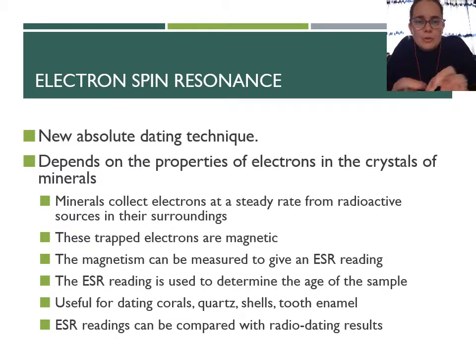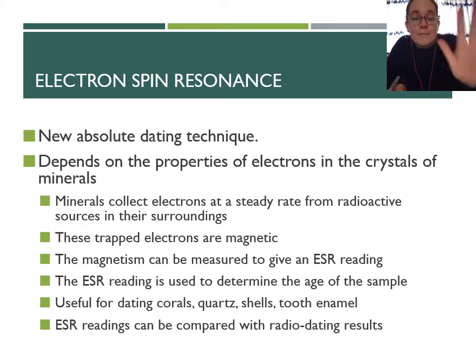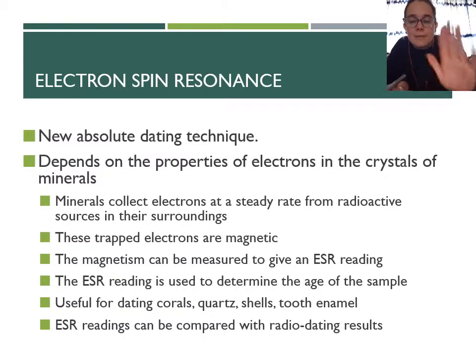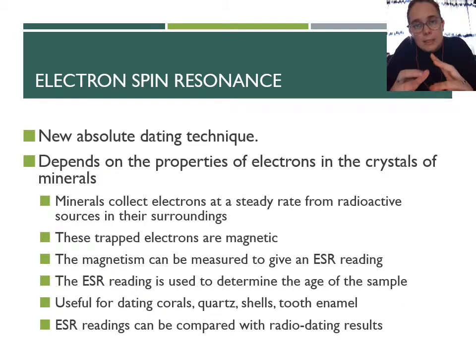We can then use ESR, so the electron spin resonance, to measure the magnetic field that is around the crystal, yeah? So if we can measure how big that field is and how strong the magnetism is, then we know roughly how many radioactive electrons they've attracted to themselves.